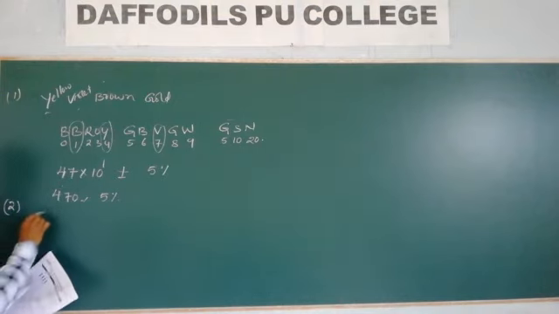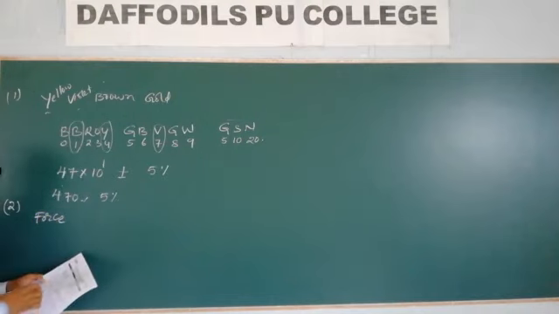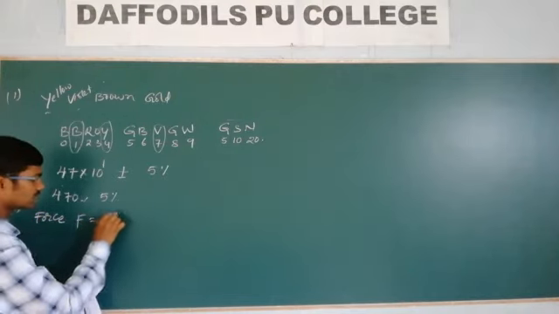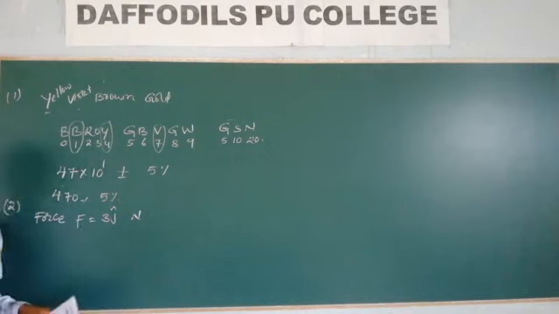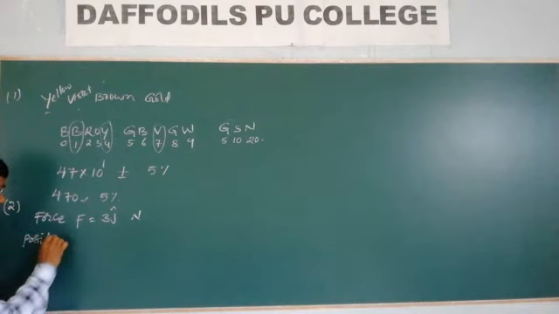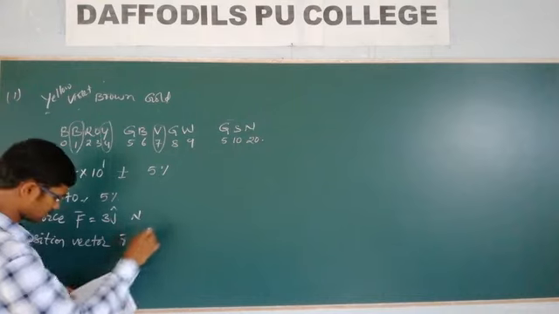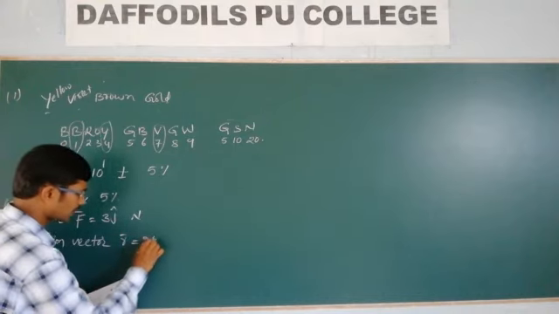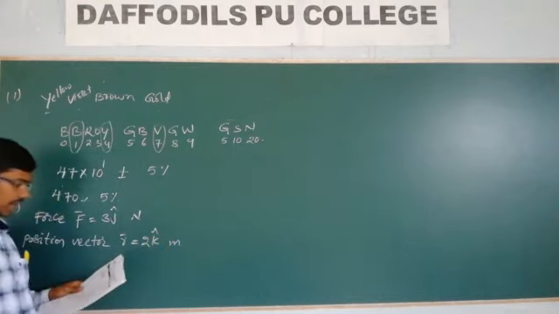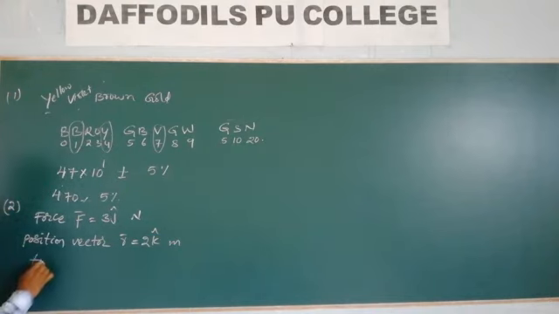Force is given as F equals 3 j cap, and the position vector r bar is 2 k cap meter, and you need to find the torque acting on this point.